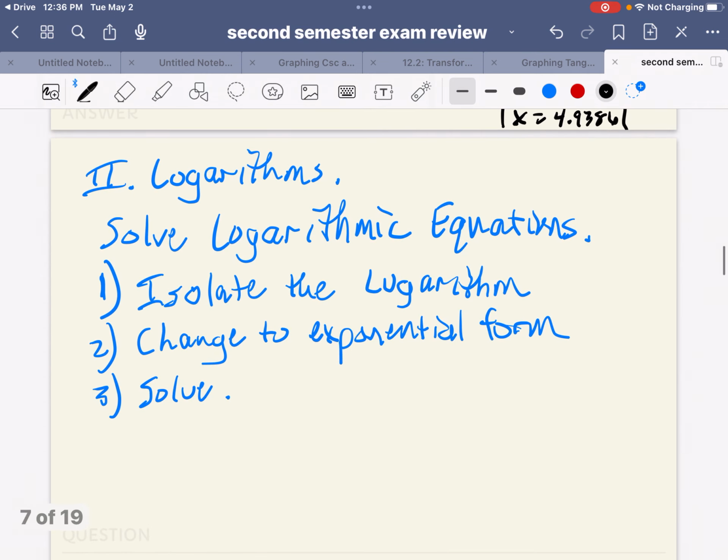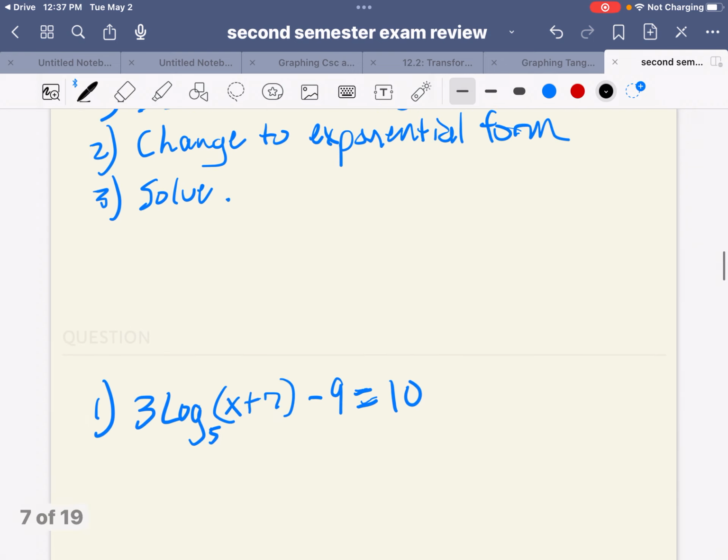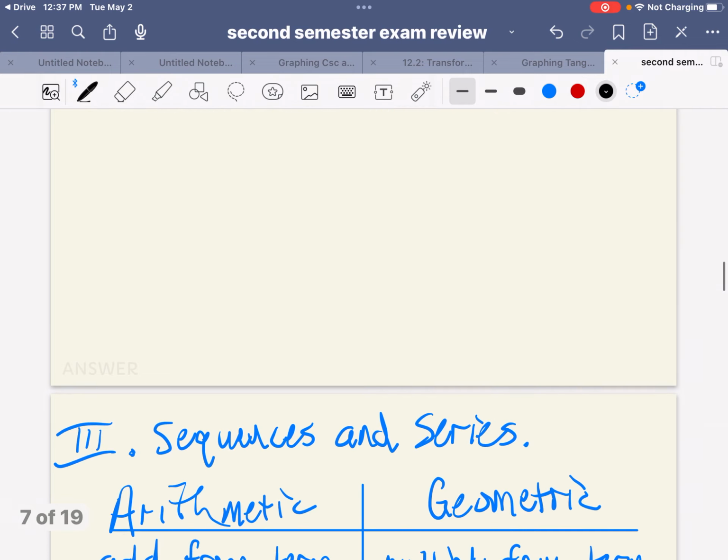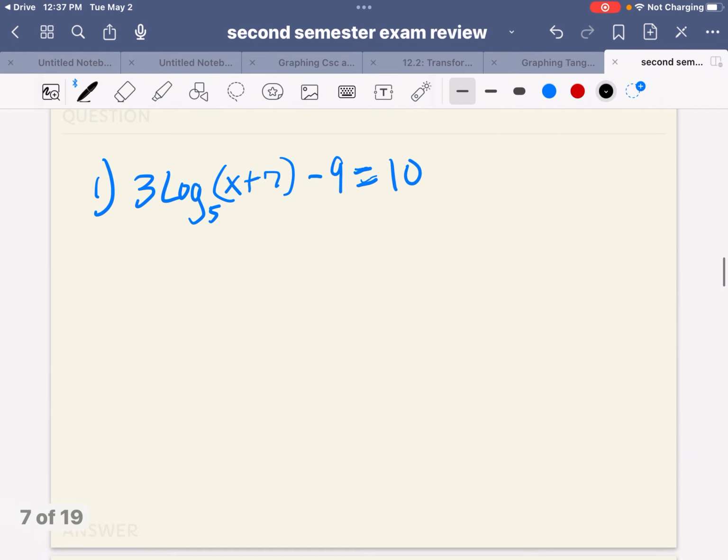Finishing up, we also learned how to solve logarithmic equations, equations that already have a logarithm in them. Step 1, isolate the logarithm. Step 2, change to its equivalent exponential form. Step 3, solve. Okay, so one example will do, and I think we'll call this first video done.